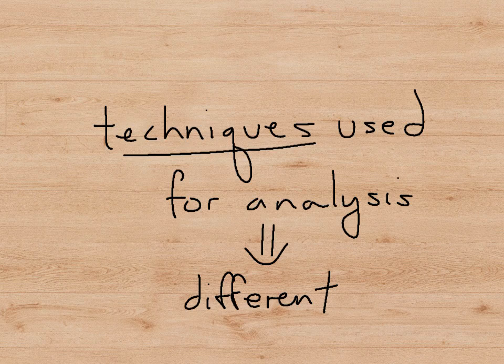So, due to differences in technique, the fact that there are different sectors, and the fact that we have to follow different rules, we analyze and look at the macroeconomy in a completely different way than we would when looking at a single market in microeconomics.